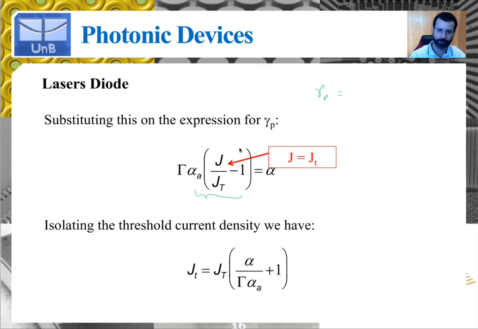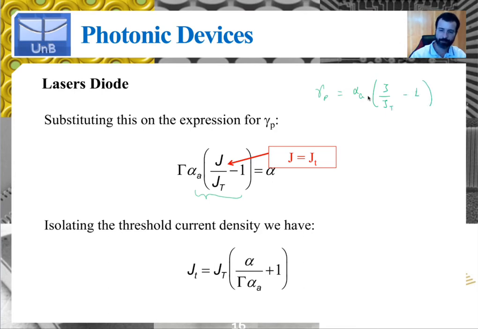So this could be written in terms of either one of these, in such a way that gamma p is equal to alpha A, which is the attenuation constant associated with absorption in the active region, multiplied by J divided by the transparency current density minus 1.